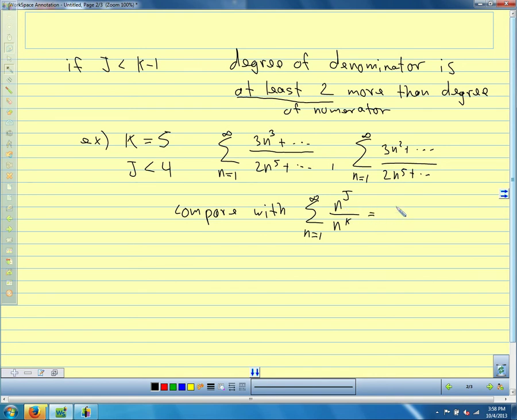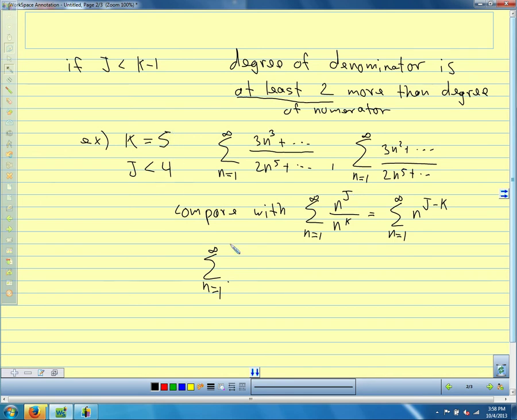And if I rewrite that, that's a sum of n to the j minus k, n equals 1 to infinity.